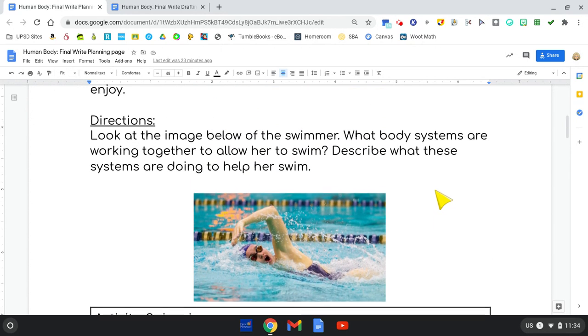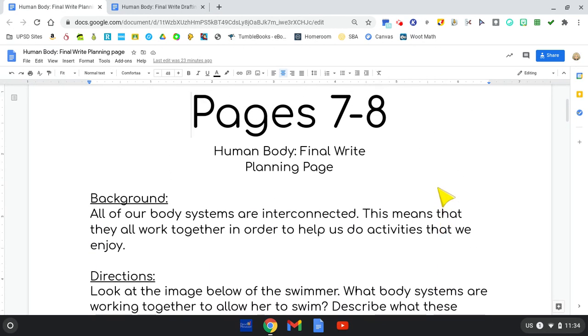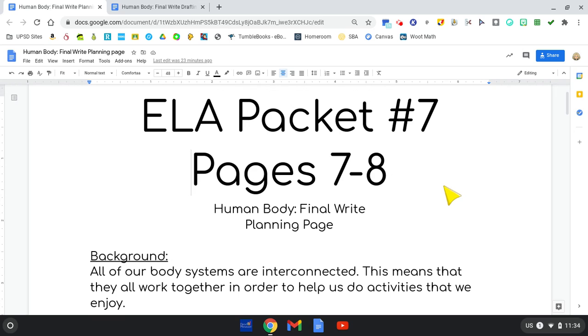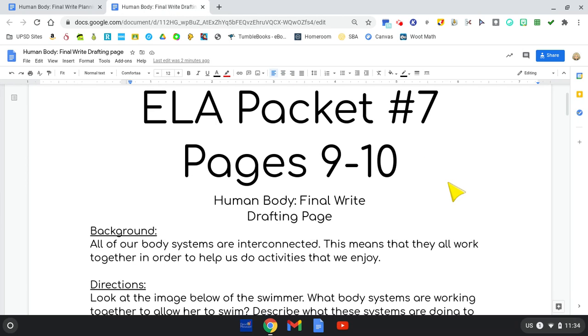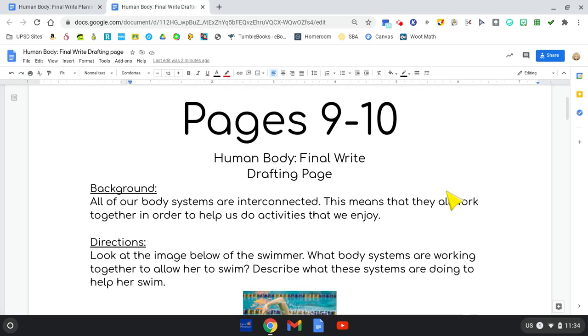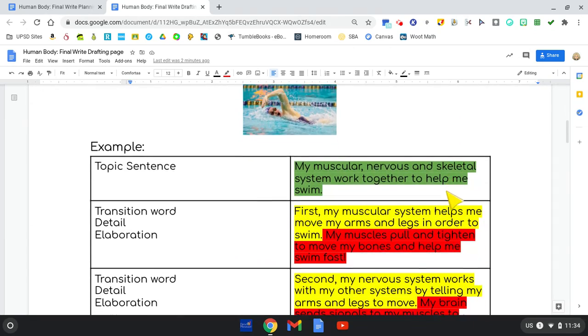Now, these were on pages 7 and 8 in our ELA packet number 7, and you're going to use these pages today to help you write your draft. Our draft pages can be found on pages 9 and 10 in that very same packet. If you look on page 9, you'll see a finished example of a draft for the swimming that we did yesterday.